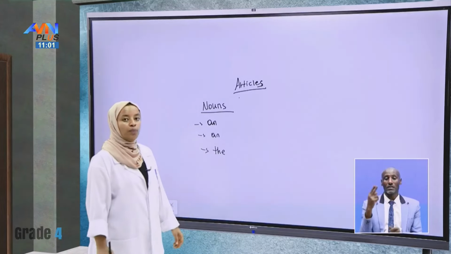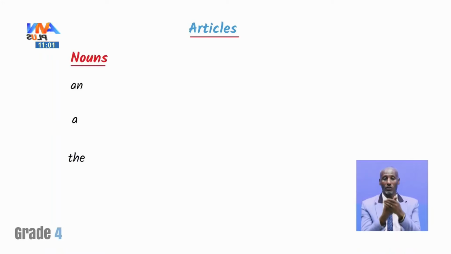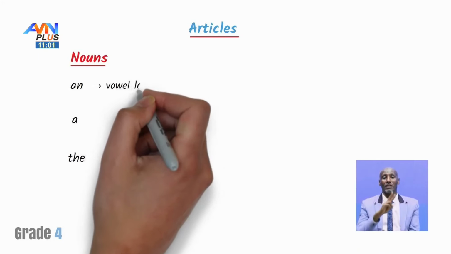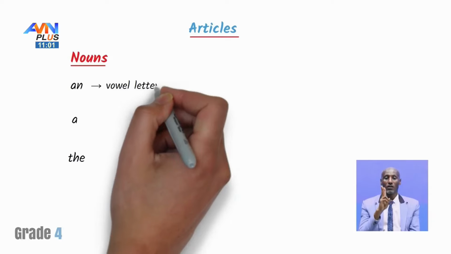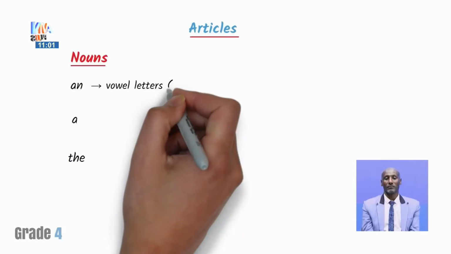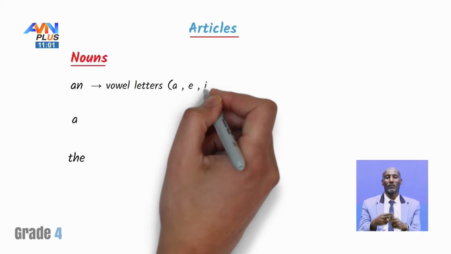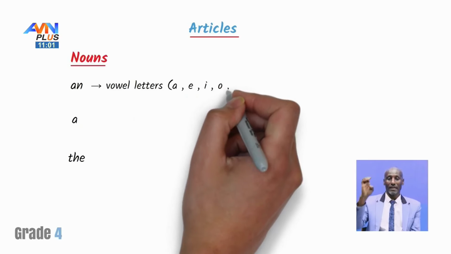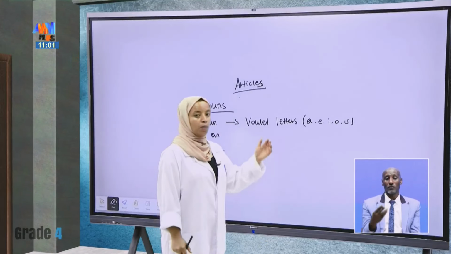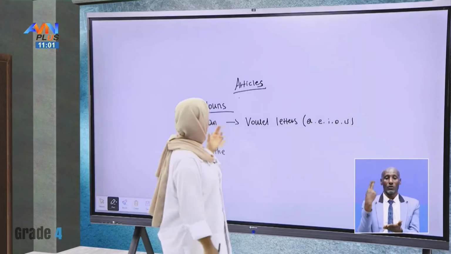When we come to an, we can use it only before vowel letters. The vowel letters are A, E, I, O, U. Before these letters, or before words with these sounds, we use an.